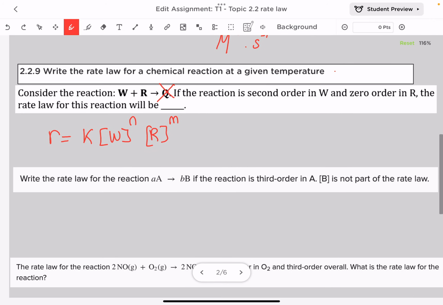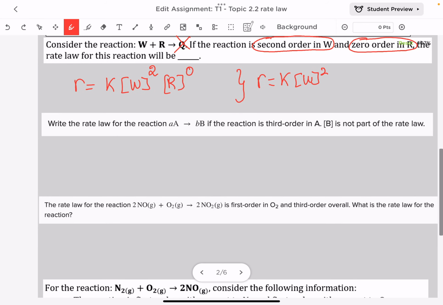Now the question is saying it's second order in W, meaning that n is 2, and zero order in R, meaning that m is 0. Now, since anything to the power of 0 equals 1, the final rate law formula in this question is R equals K multiplied by the concentration of W to the power of 2.